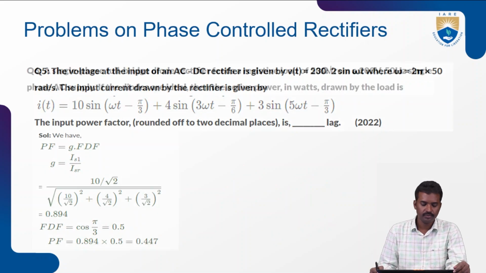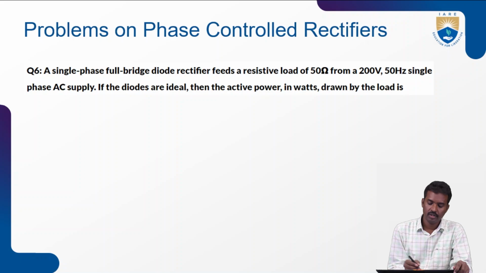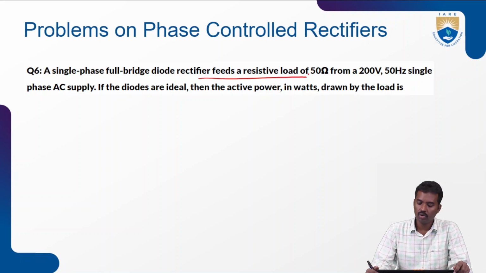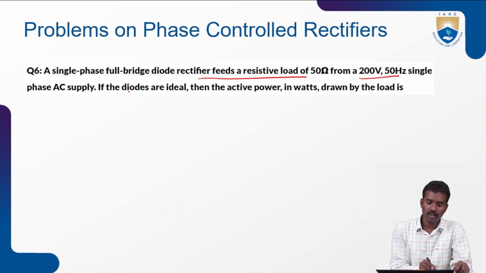Now sixth question. A single phase full bridge diode rectifier feeds a resistive load of 50 ohms from a 200 volts, 50 Hz single phase AC supply. The diodes are ideal.